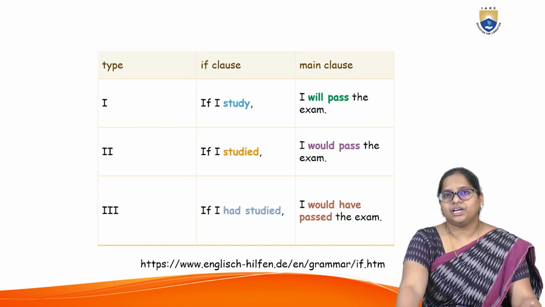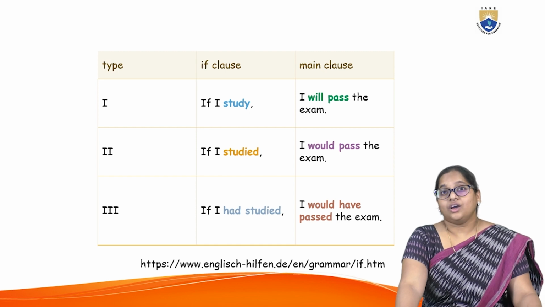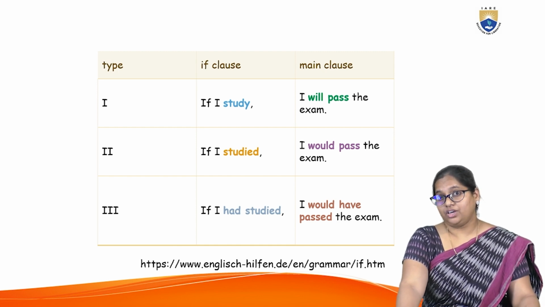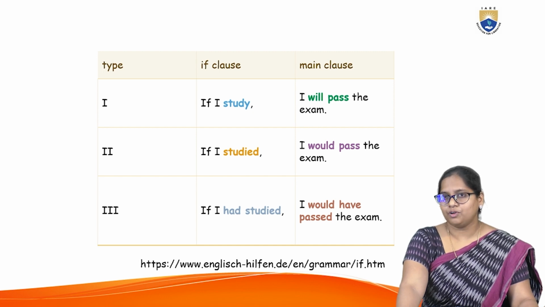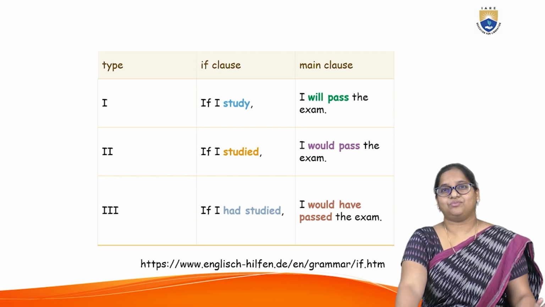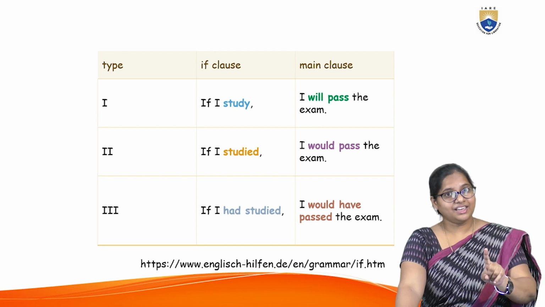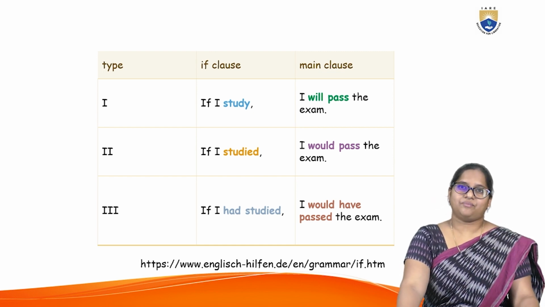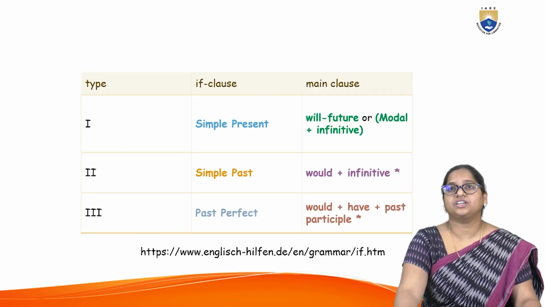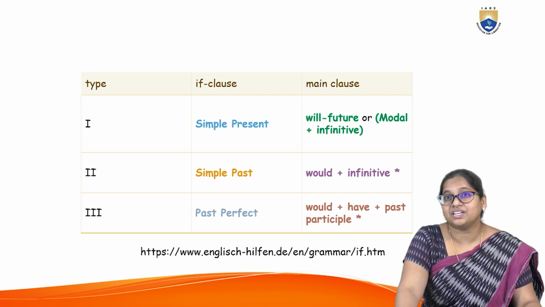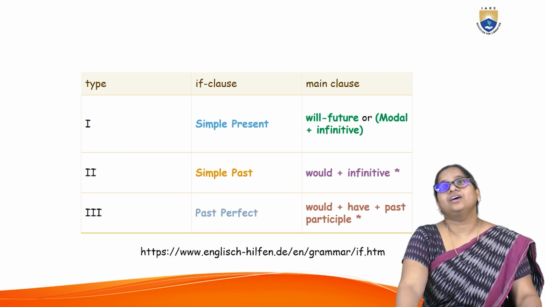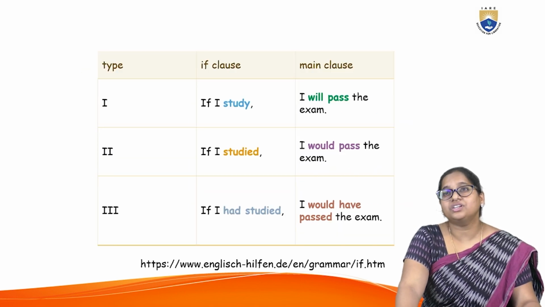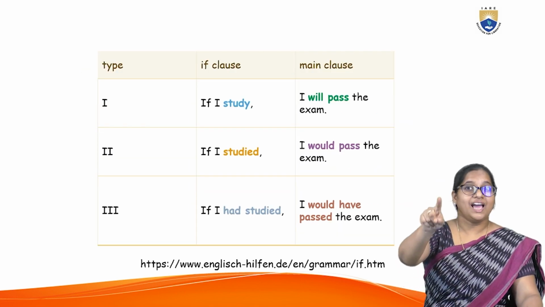Now in condition 1, we are discussing possibility. If I study, I will pass the exam. So remember the structure: you take simple present, "if I study". And what is the clause you have to use? Will, future, or a modal plus infinitive.